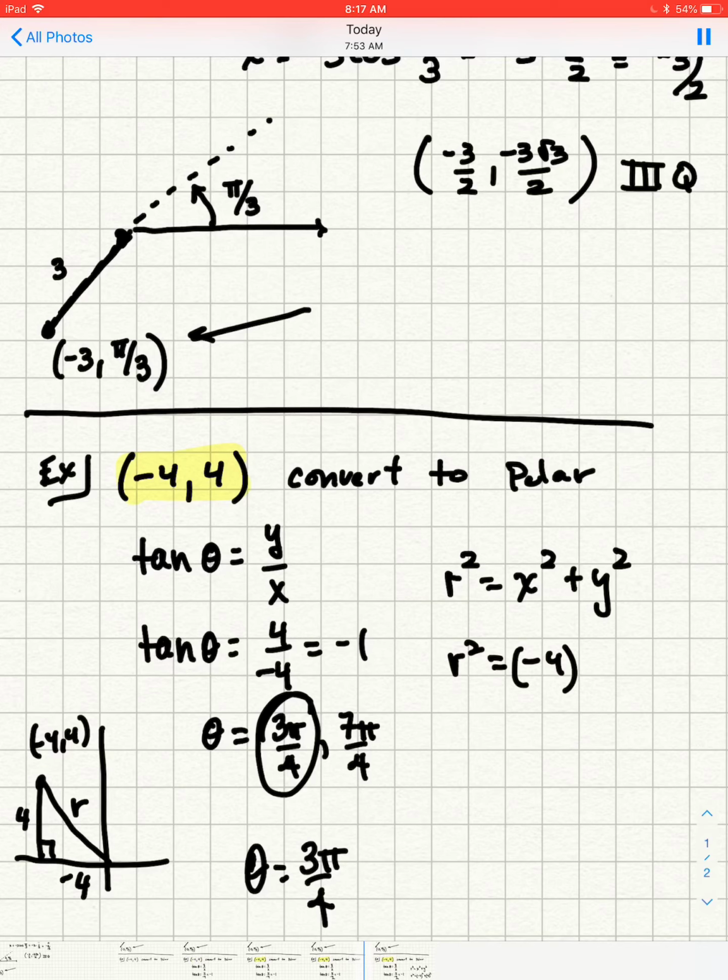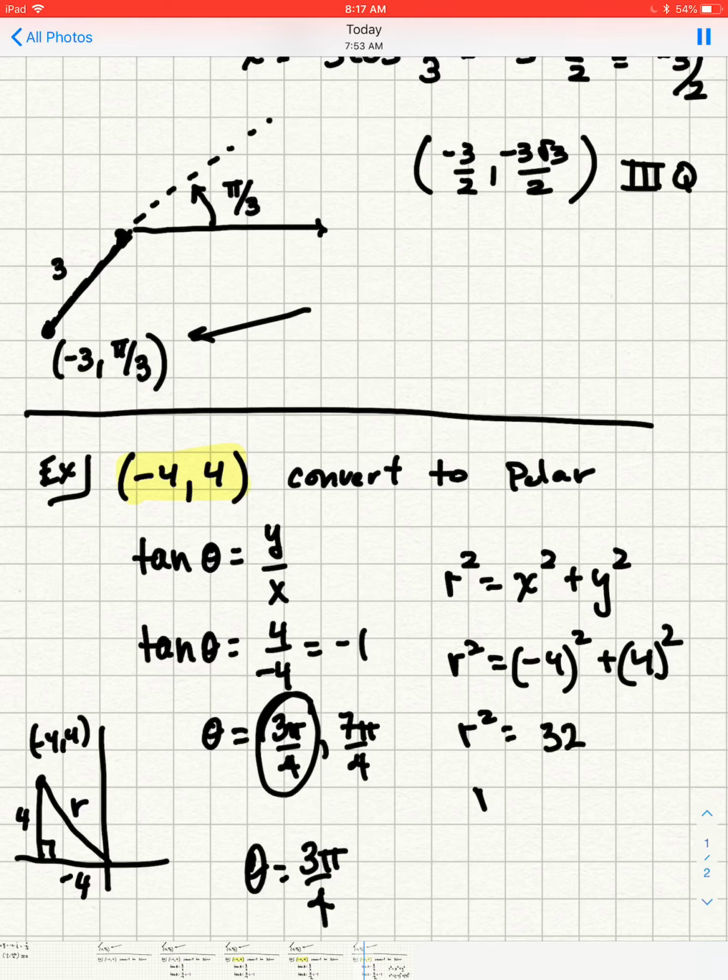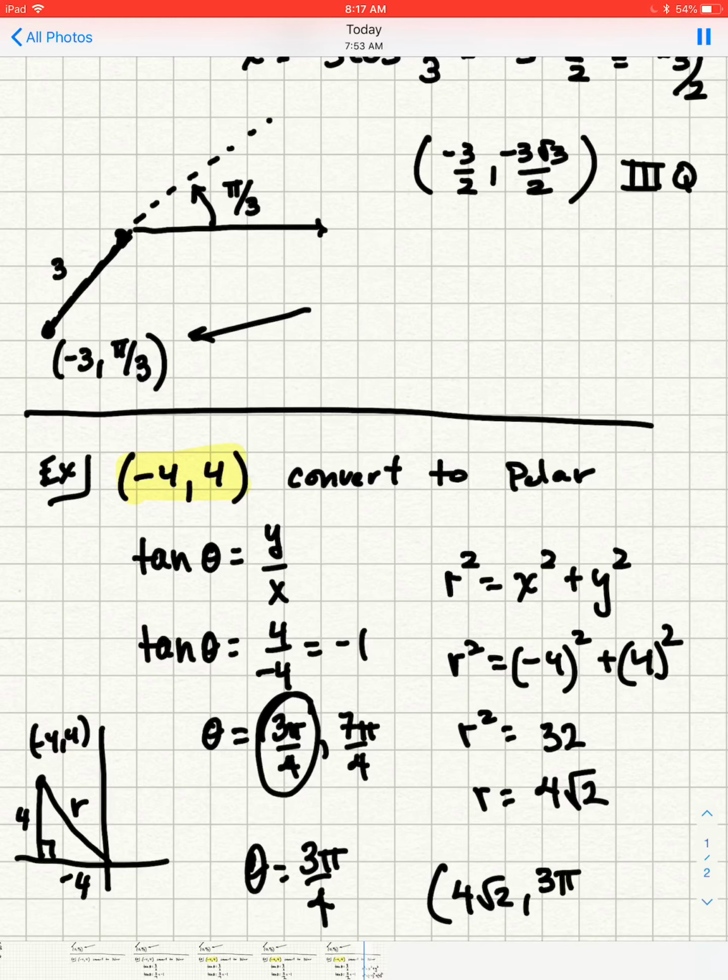In this case, 16 plus 16 is 32. So we would get 4 root 2 as our radius. So then our point is 4 root 2, comma 3 pi over 4. And that's how you would convert.